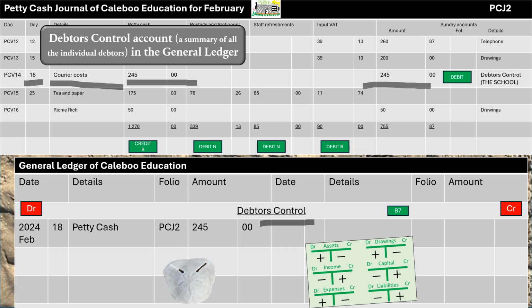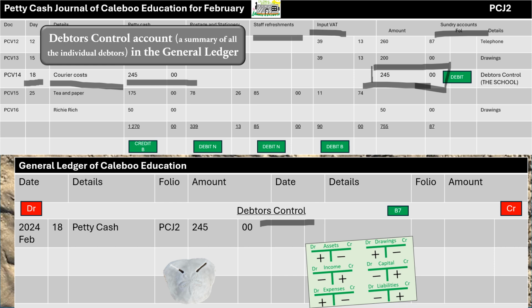And out of petty cash, the transport costs were paid. And under sundry, you will see, cost 245. Now there wasn't a column for debtors in the petty cash journal, so this transaction was recorded under sundry.